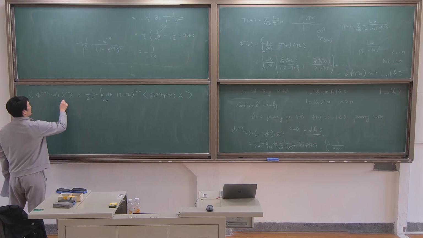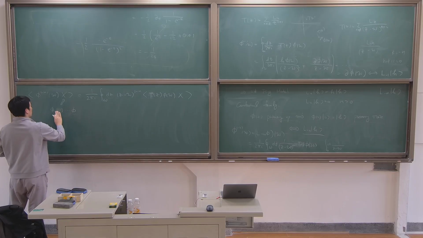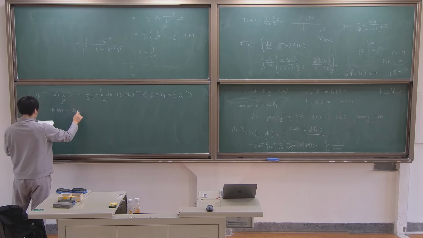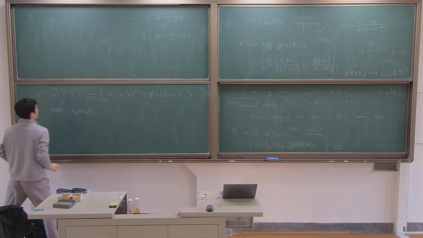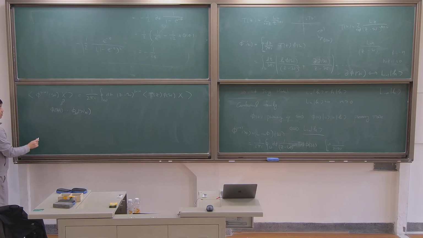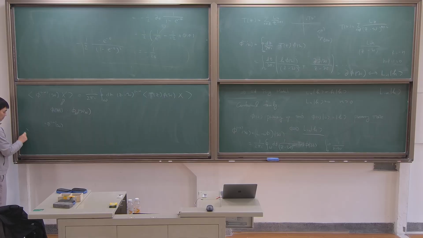Suppose X is something like phi 1 at w1, up to phi m at wm. So what's really happening is that here is some phi minus n at w, and the other part is phi 1, w1, phi 2, w2, and so on.